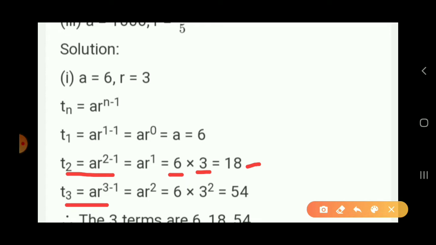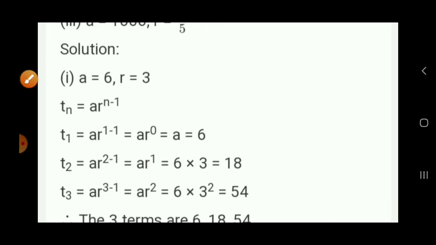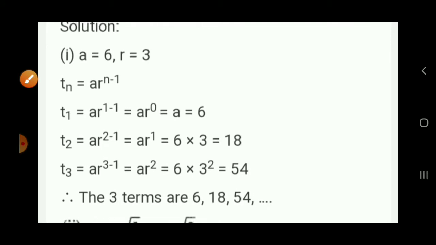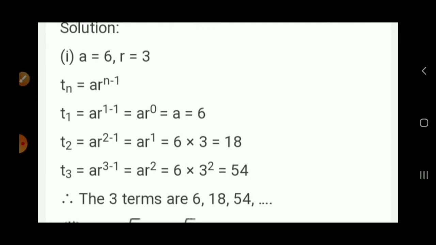N is 3, so 3 minus 1, A R power 2. A is 6, R is 3, so 3 square is 9, 9 into 6 is 54. So the three terms are 6, 18, 54.